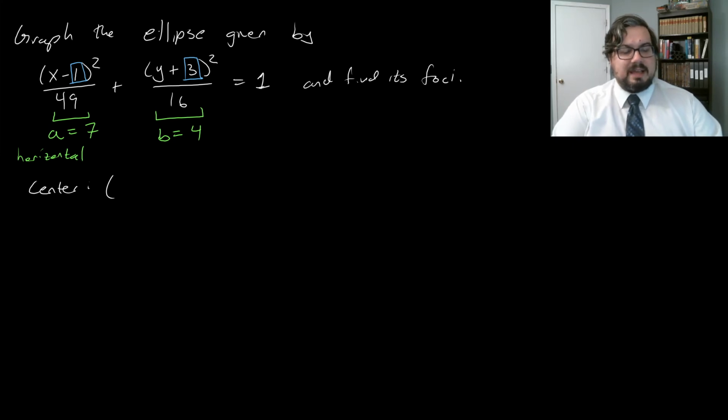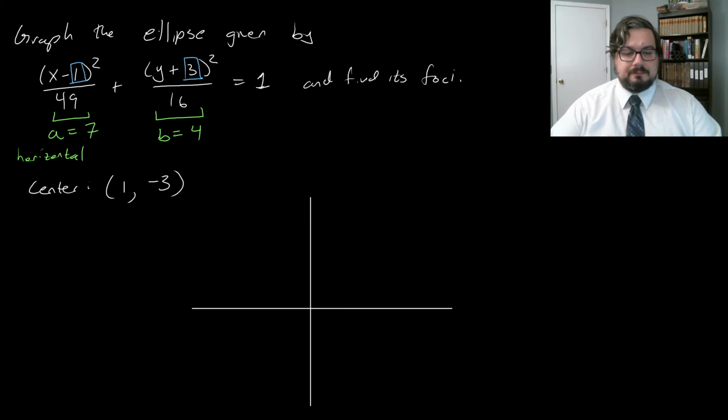With the x, we have x minus 1, so that means that the x coordinate of the center is 1. The y term has y plus 3, so that means that the y coordinate of the center is negative 3. So this is enough to go ahead and start graphing.